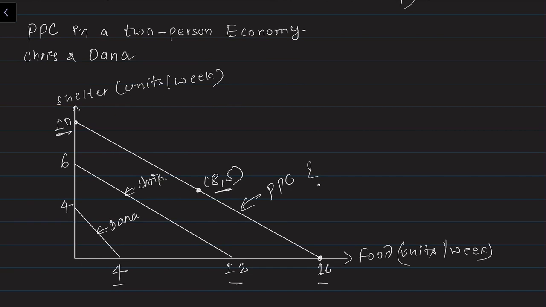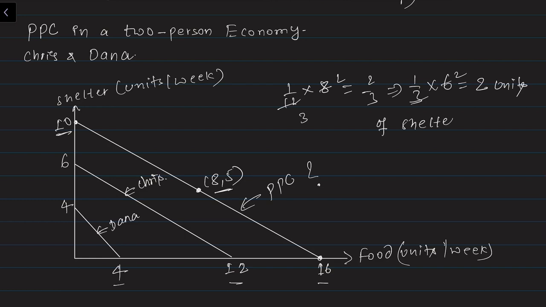To produce 8 units of food is going to take 2/3 units of time, right? And the remaining time that he will have is 1/3. So within this time, he can produce 2 units of shelter. Is this correct? Okay, 2 units of shelter.